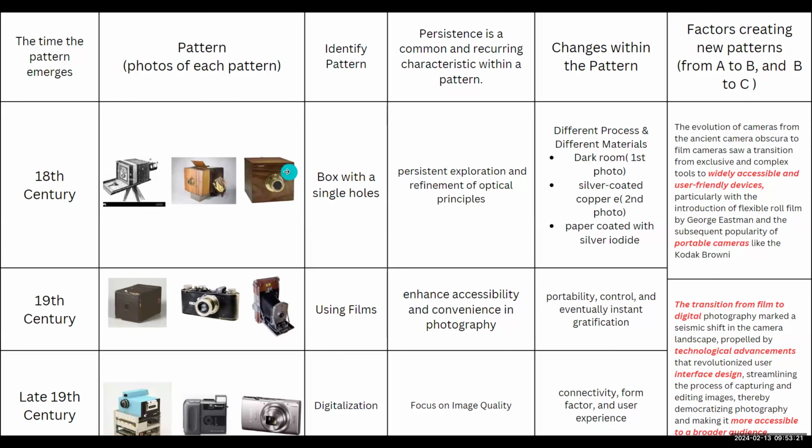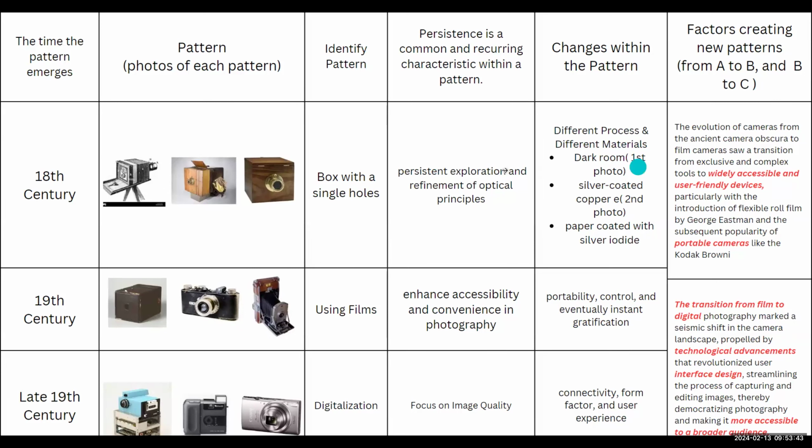And then the next one is paper coated with silver iron, so we can get the photo quicker and easier. So in this first pattern, they were struggling with how to get a photo and how to make the photography principle work.